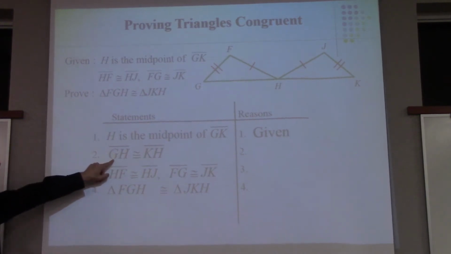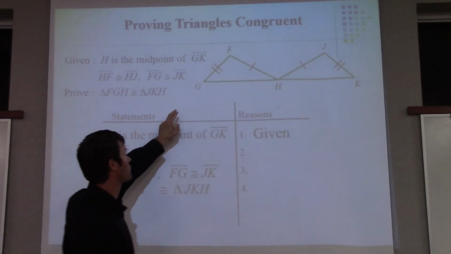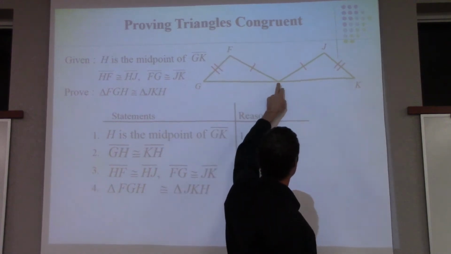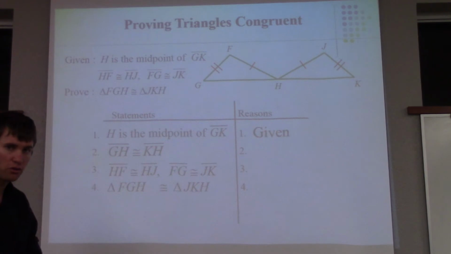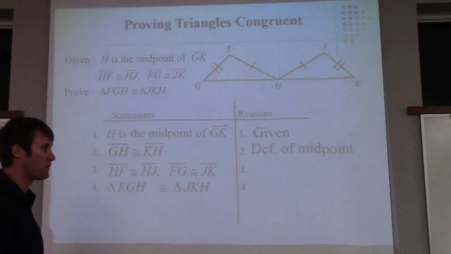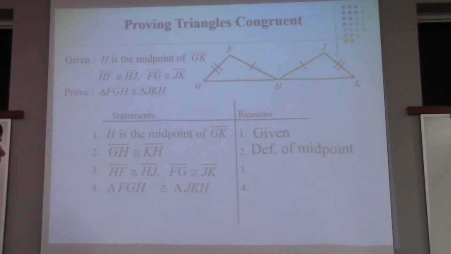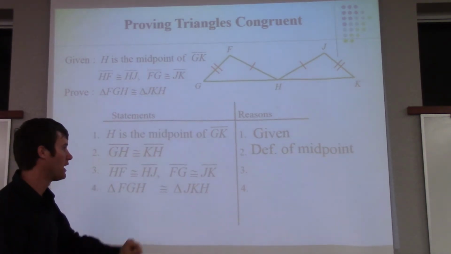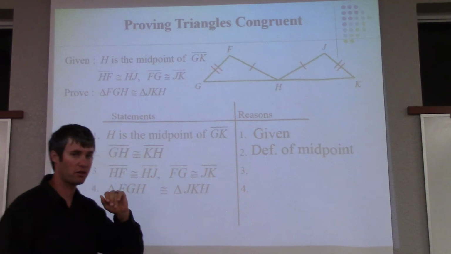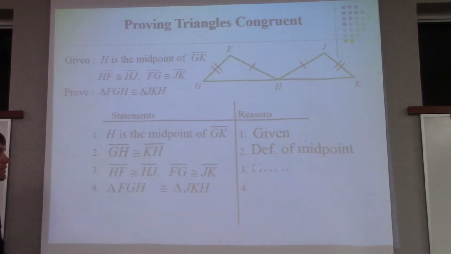Then, how do I know that GH is equal to HK? If it's the midpoint, it breaks it into two equal parts. That's the definition of a midpoint, to break it into two equal parts. How do I know that HF and HJ are congruent? And how do I know FG and JK are congruent? Well, it's given to us.